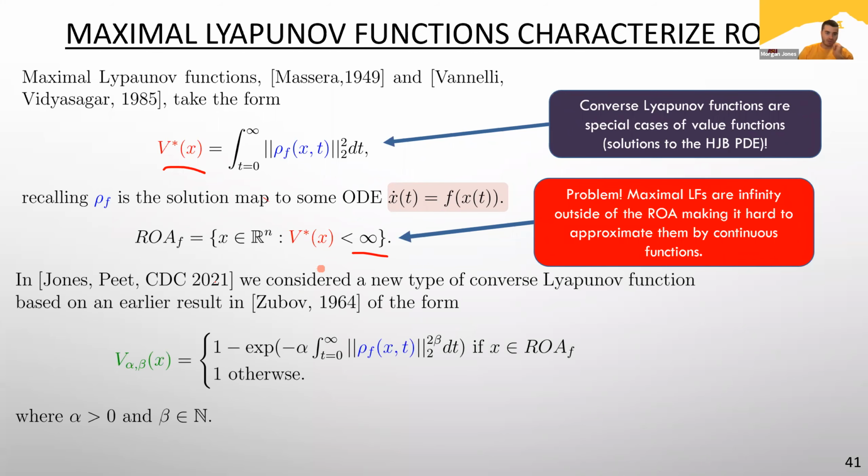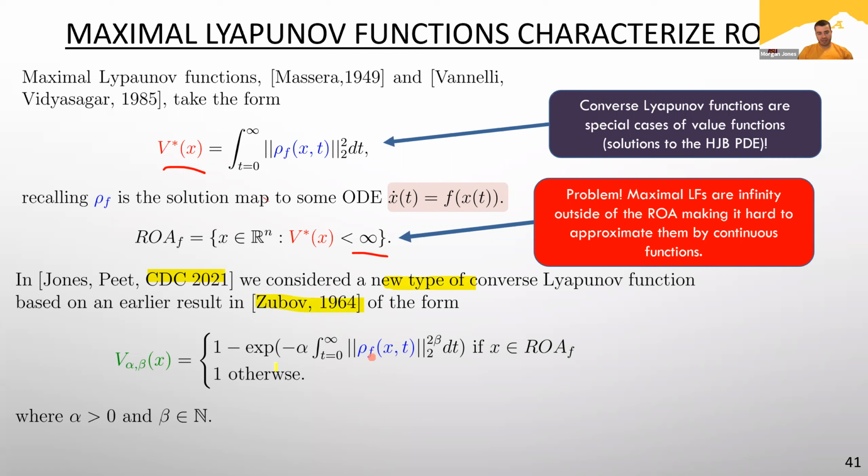discontinuous. So recently in the paper that will be presented at CDC, we proposed a new type of converse Lyapunov function, and it shares some similarities to a converse Lyapunov function in Zubov 1964.